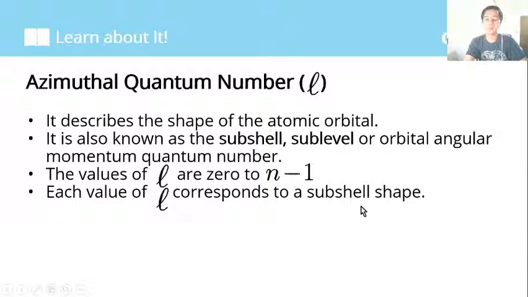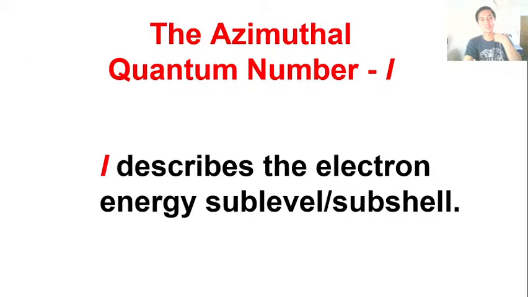There could be more than one allowed value, and each value would correspond to a particular shape of the subshell or sub-level. Again, L describes the electron energy sublevel or subshell.